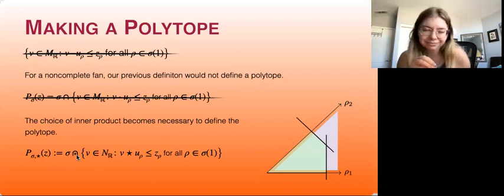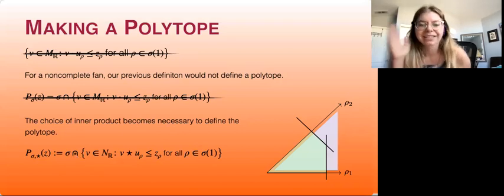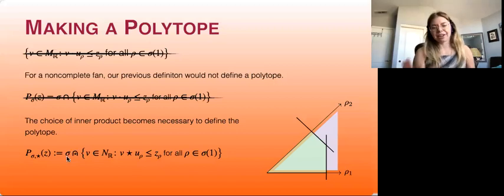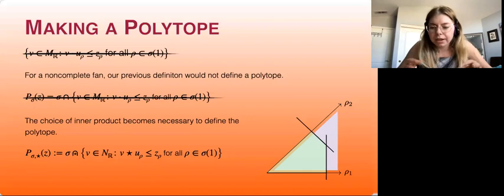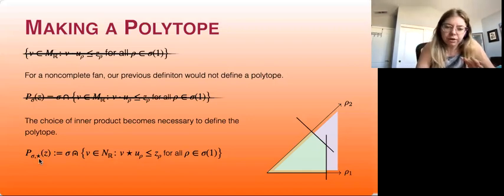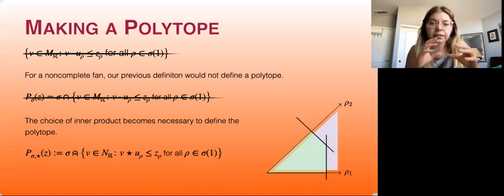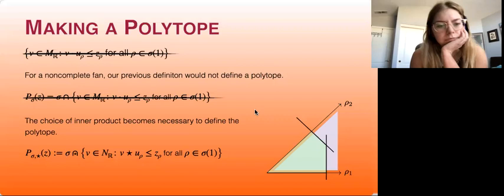I first take the inner product, then I take the intersection with the cone. And that's how I'm going to get these polytopes. And I want to make this inner product choice very apparent because it completely determines the shape of the polytope.